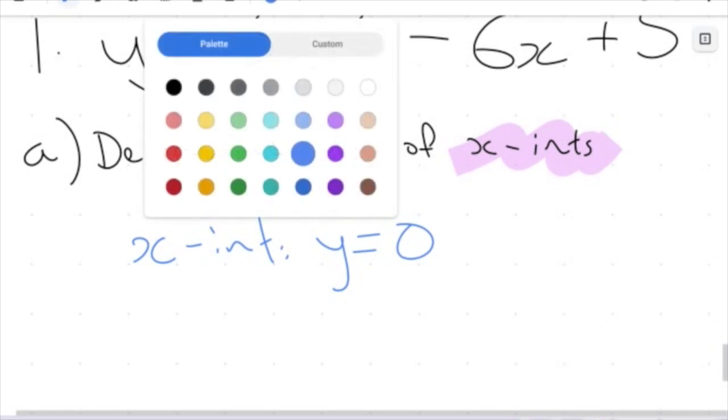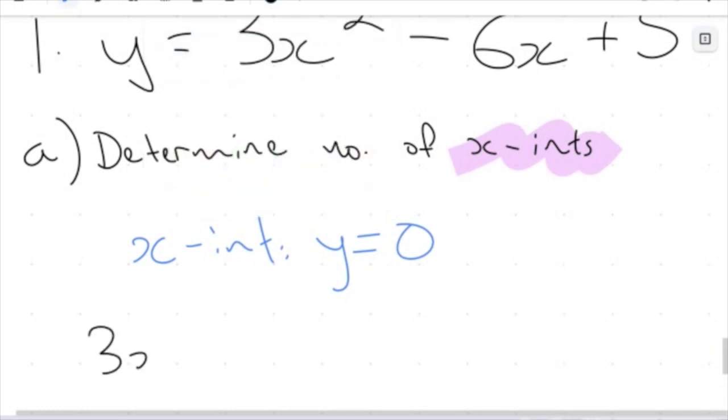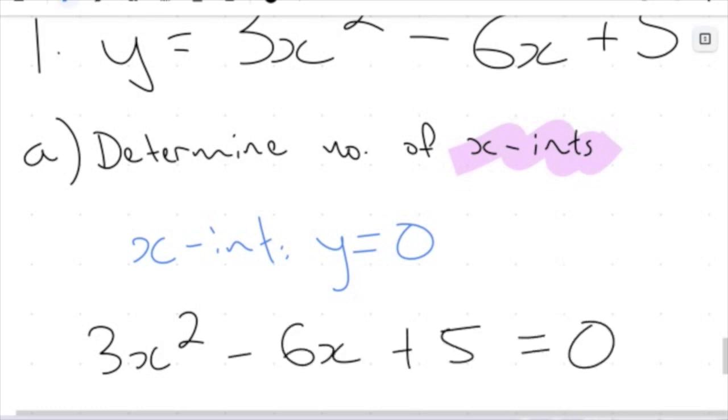So, for example here, 3x squared minus 6x plus 5 equals 0. Now we need to be mindful here, because the question's not yet asking us what the x-intercepts are. It's asking us the number of x-intercepts.